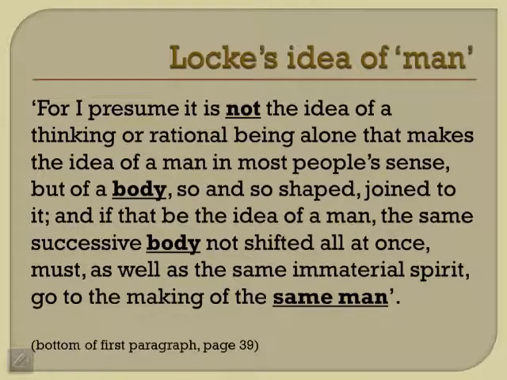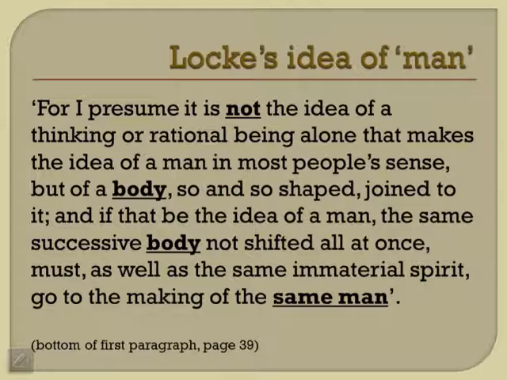So Locke's distinction between a man and a person is as follows. What I get from this is Locke is saying that in a way there's two parts to us. One part is a man, in other words a human, and the other part is a person.